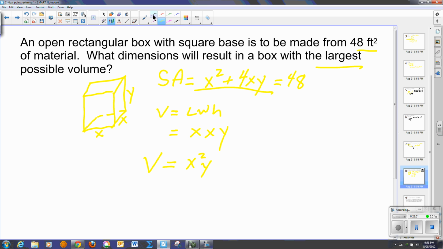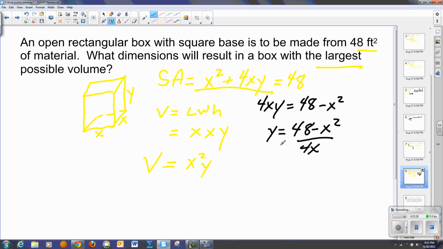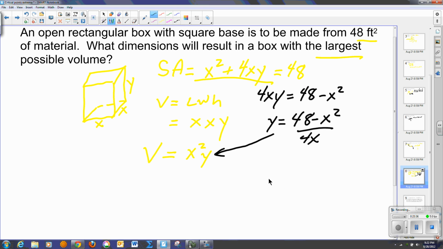I'm now going to get y by itself and make a substitution. So I have 4xy equals 48 minus x squared. Getting y by itself, I have y equals 48 minus x squared all over 4x. And since that equals y, I'm going to substitute into this y here, leaving me an equation with only one variable for volume.